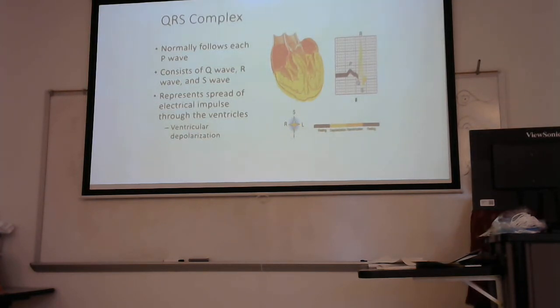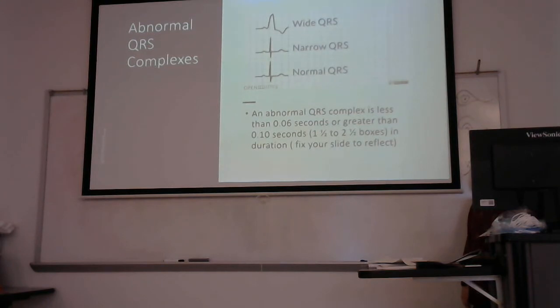So let's talk about, if I show you normal QRSs, I got to show you some abnormal ones, okay? So a normal QRS, as I tell you right here, and you need to fix your slide because your slide is incorrect, okay? What it tells you here is an abnormal QRS complex is less than 0.06 or greater than 0.10.